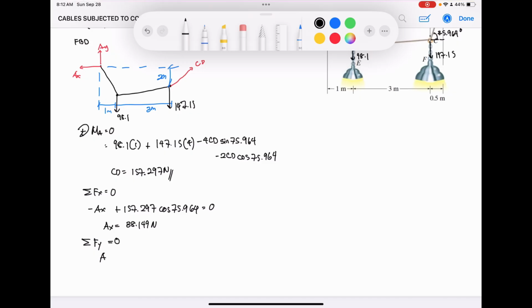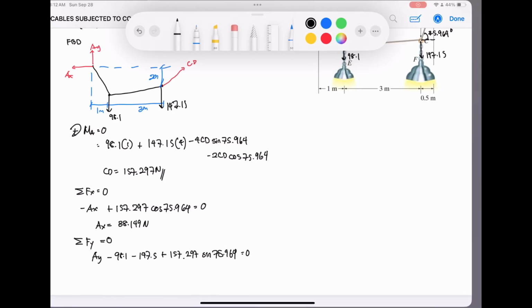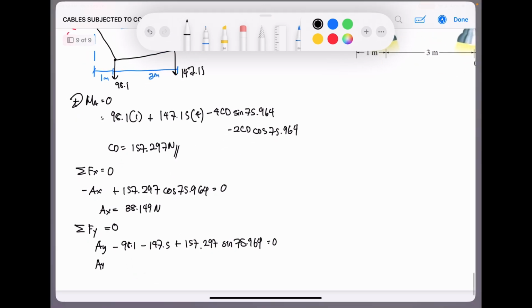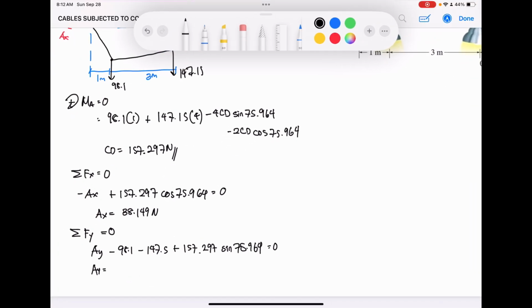We have AY minus 98.1 minus 147.15 plus 157.297 sine 75.964 equals 0. AY is equal to 92.649 newtons.